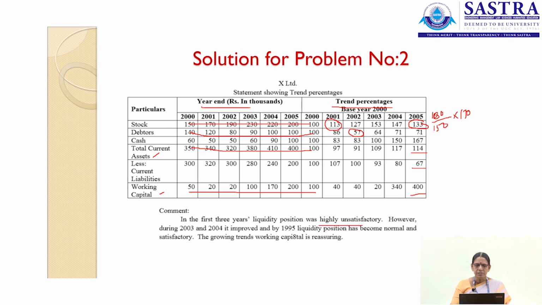So, in the first 3 years, liquidity position was highly unsatisfactory because we have 40, 40 and 20 and last 2 years the working capital position, which is said to be the economic barometer of any organization, is said to be satisfactory here and this is to be improved and by 2005, the liquidity position has become normal and satisfactory. The growth trends says that working capital is reassuring.